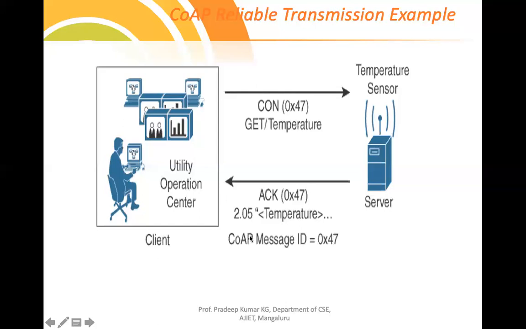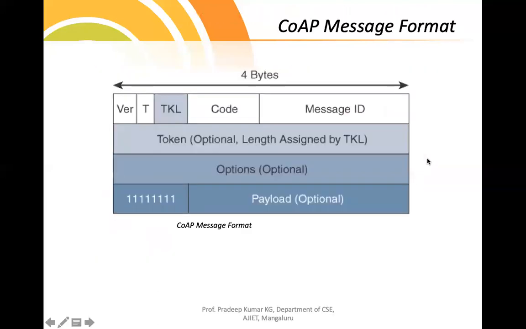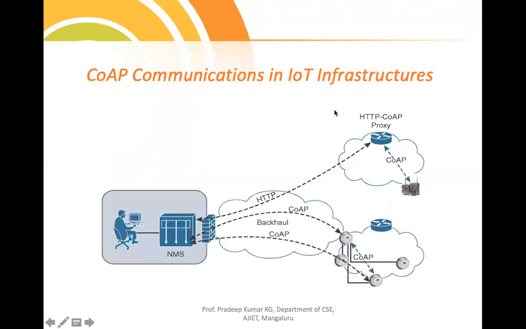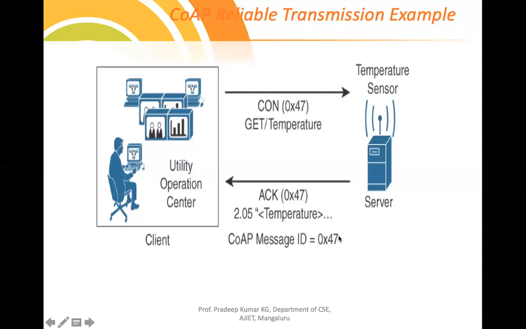So now the CoAP message ID is 0x47. This is how the message ID is determined with respect to CoAP. CoAP defines 4 types of messages: confirmable, non-confirmable, acknowledgement, and reset.